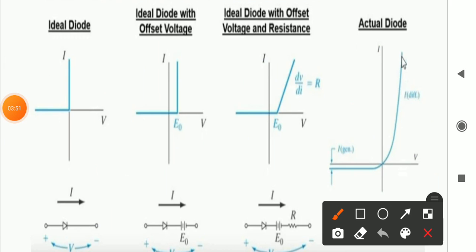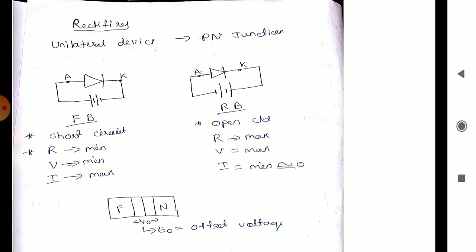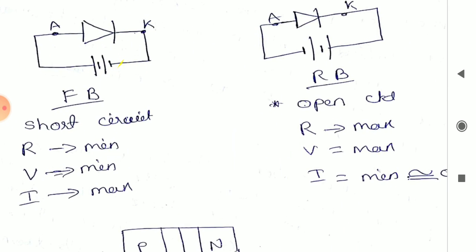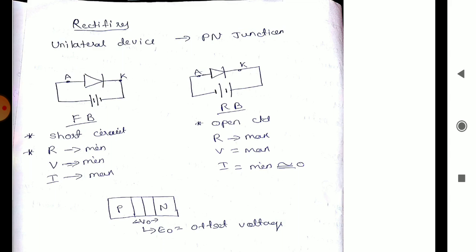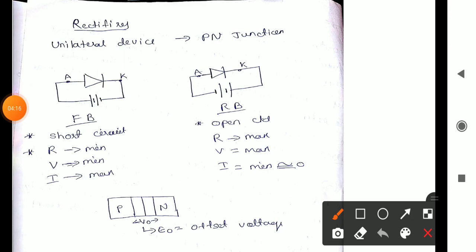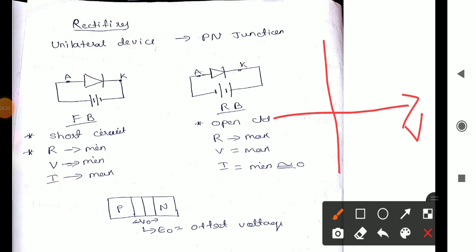Now the ideal case of a diode. In the ideal case, for both forward bias and reverse bias, we have to draw the IV characteristics. How do we draw the graph, with voltage on the x-axis and current on the y-axis?